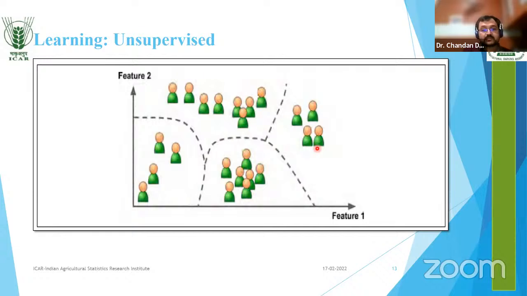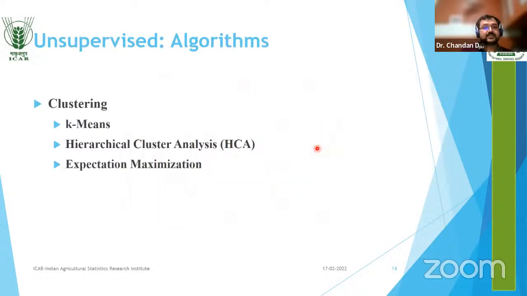So unsupervised learning is also known as clustering. Our topic today is support vector machine, and this support vector machine is of course a classification technique, but it can also be used for unsupervised learning.